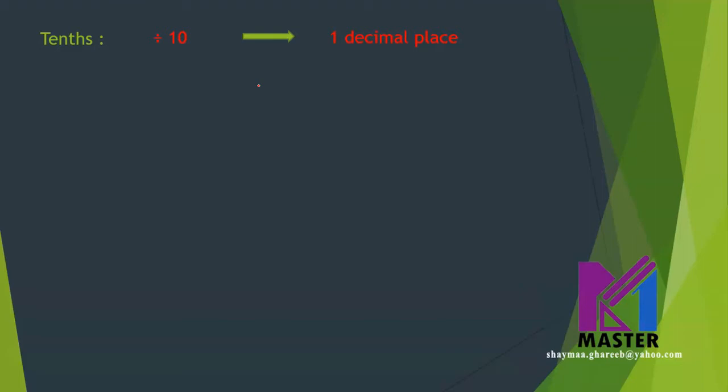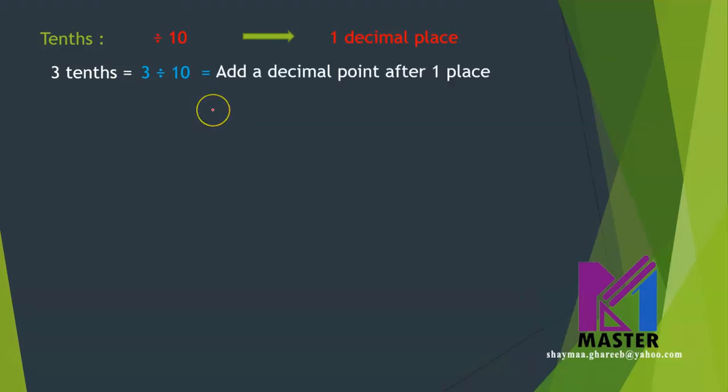And if I have a decimal number, I will move the decimal point 1 place to the left. So 3/10 means 3 divided by 10. When you divide a whole number by 10, it's getting smaller by 1 place, which means I put a decimal point after 1 place. So it will be 0.3.